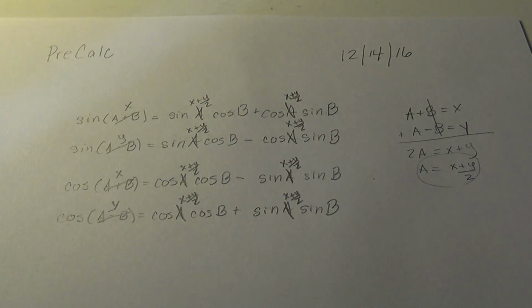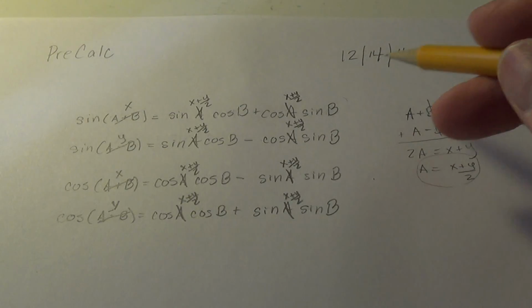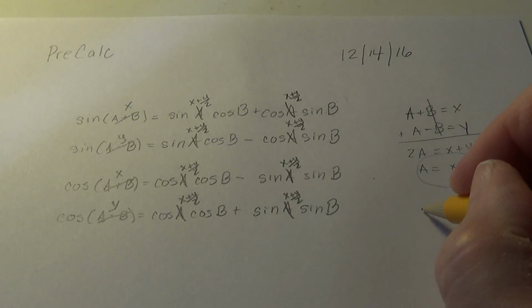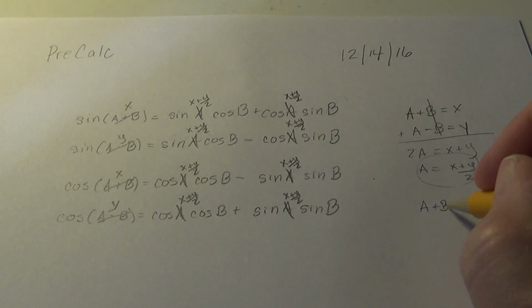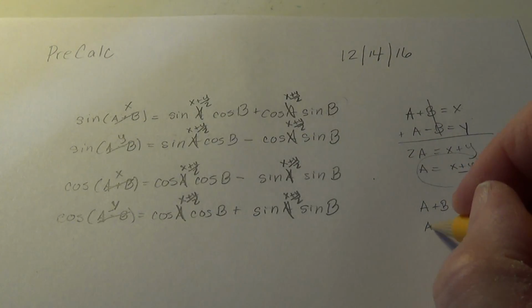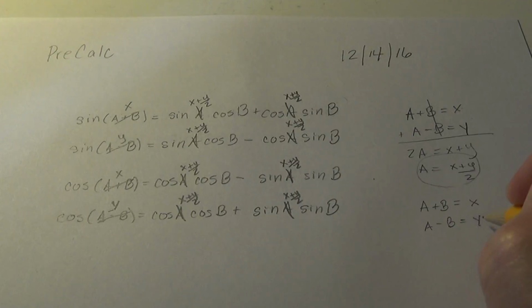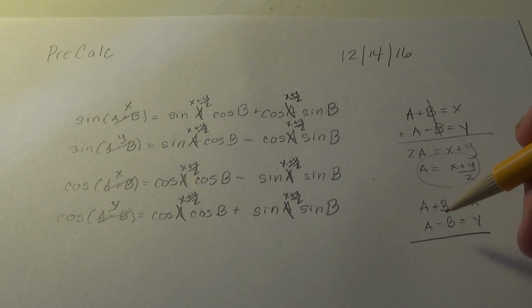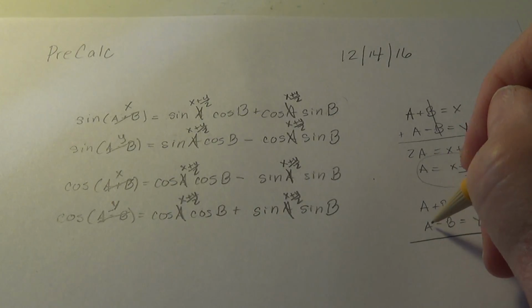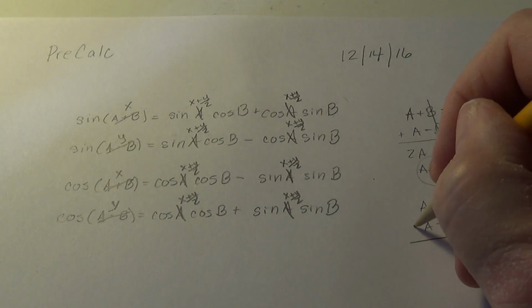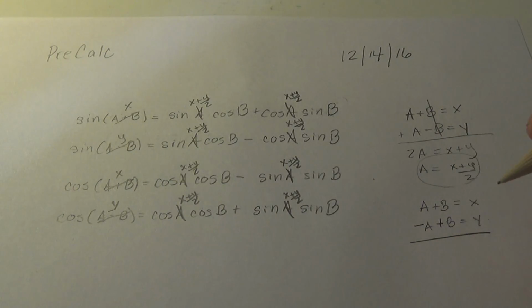Alright, so now I'm going to figure out what to do for b. So I'm going to go back to the fact that a plus b, we substituted that for x, and a minus b, we substituted for y. This time I'm going to multiply the bottom equation by negative 1, and that will change the sign of everything, but it will keep the equality true.